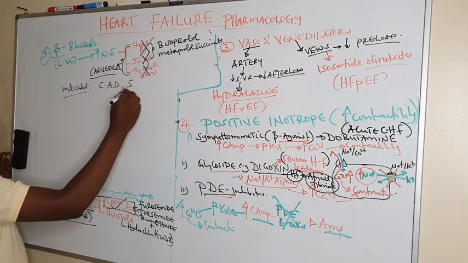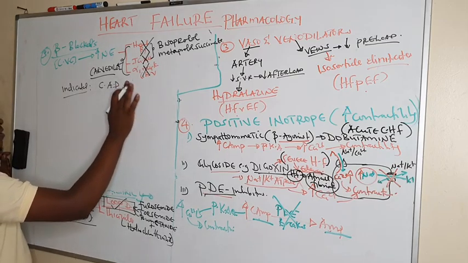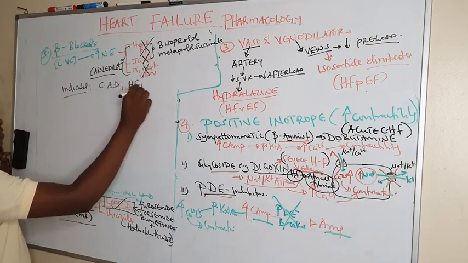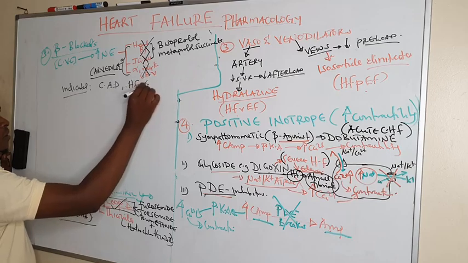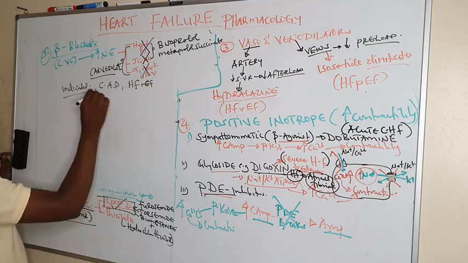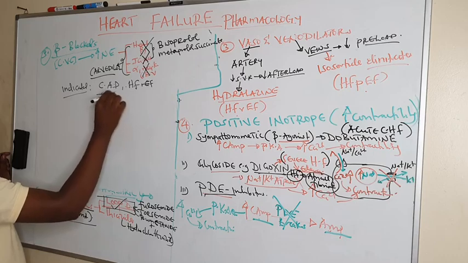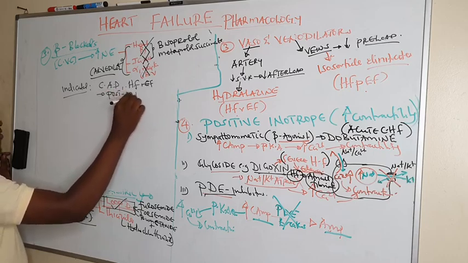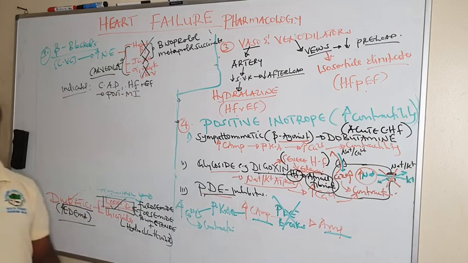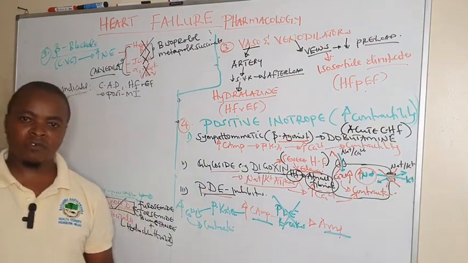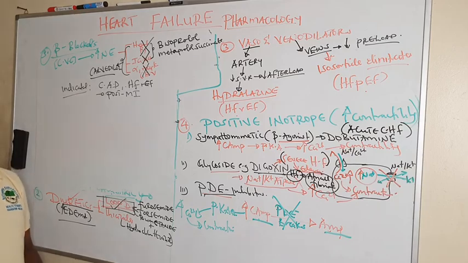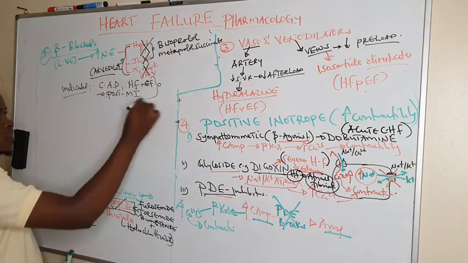We can also use them in treatment of systolic heart failure or heart failure with reduced ejection fraction. Then we can also use them in the treatment of immediate post-myocardial infarction, or someone after having a myocardial infarction, what we can call a heart attack. So these drugs can be used.